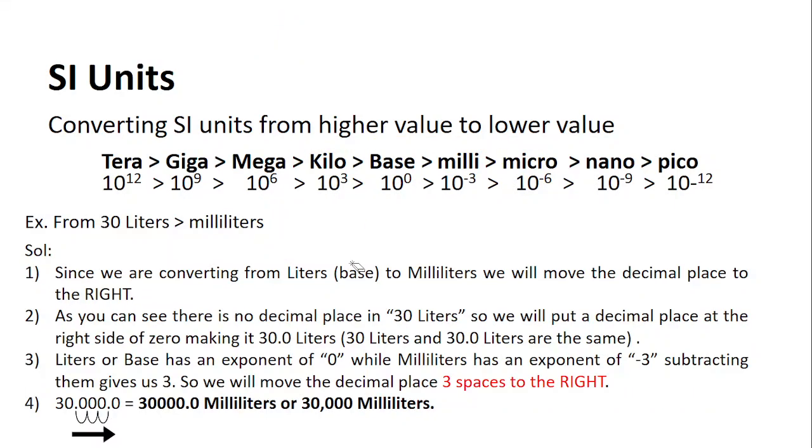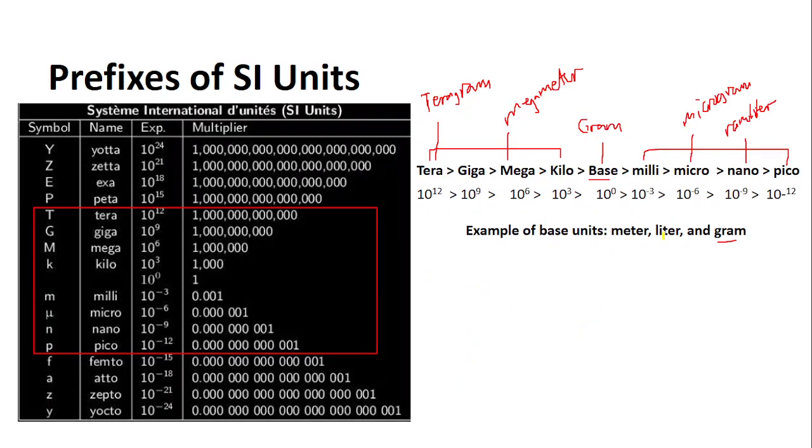Okay, next example. So, in this example, we will convert 30 liters to milliliters. Kung napapansin nyo, based sa pasurunod natin, wala si liters na nakabutang. Pero may milliliters. Okay, ano sabi ta kanina, si liters, si gram, and si meter?